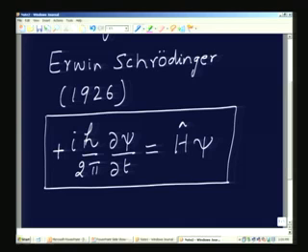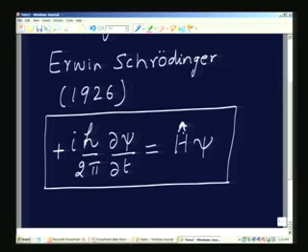The h is the same h as the Planck's constant. There is a partial derivative with respect to time, and there is a quantity with a hat on the top. This quantity has a classical analog. It is known as the Hamiltonian, but it is written in a specific form for the mechanics of atoms and molecules.